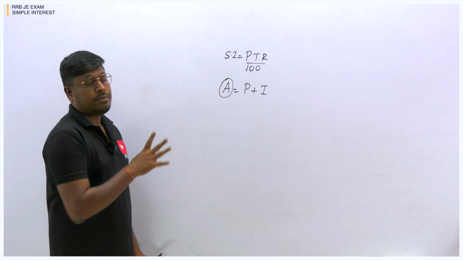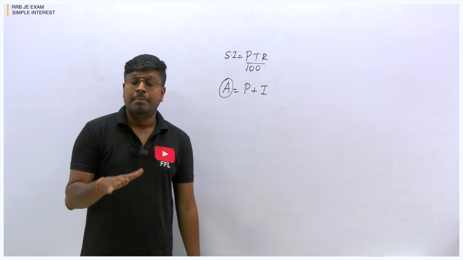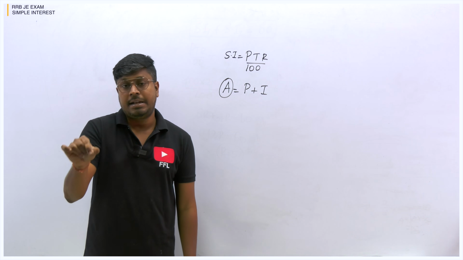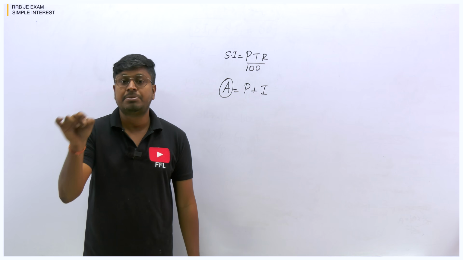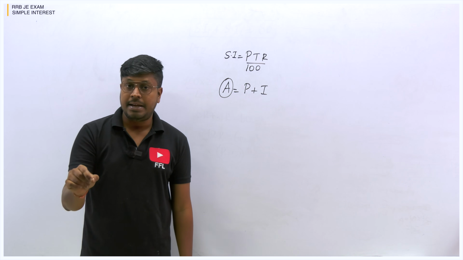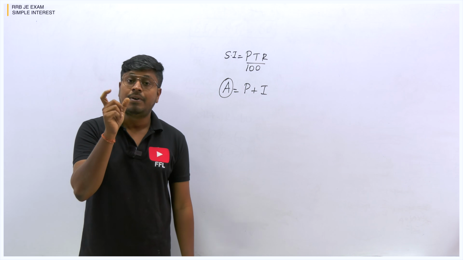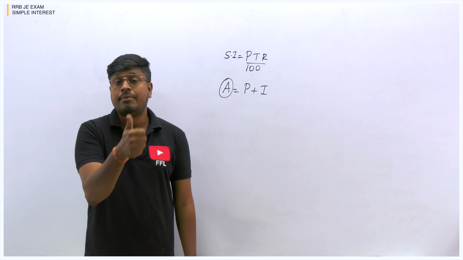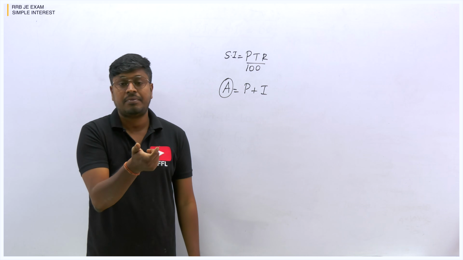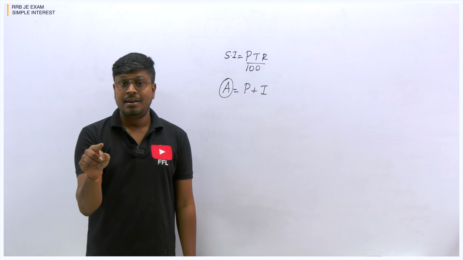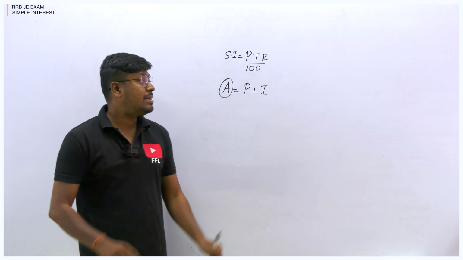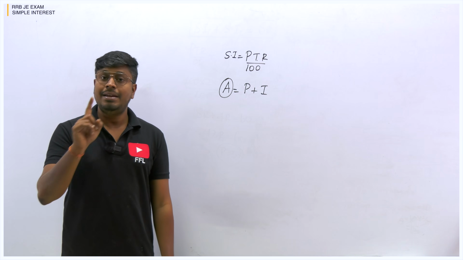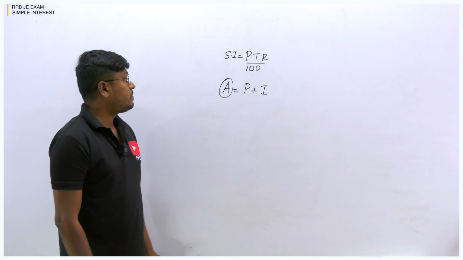And the rate of interest should always be in terms of per annum, that is years, like 5% per annum, 3% per annum. So it should be in terms of a year. In case they have given it per quarter or per half-year, in those kinds of questions, convert it into a year and then substitute it in the formula. Always the time duration and the rate of interest should be in terms of years.